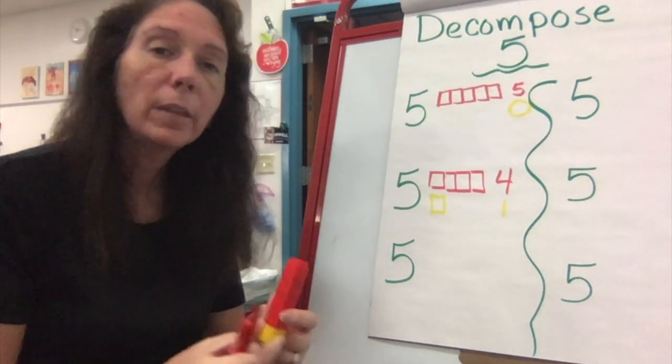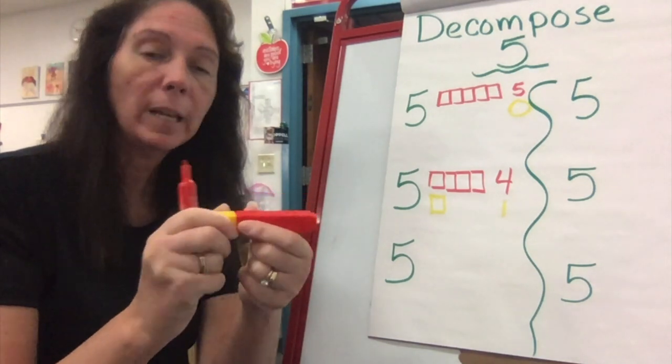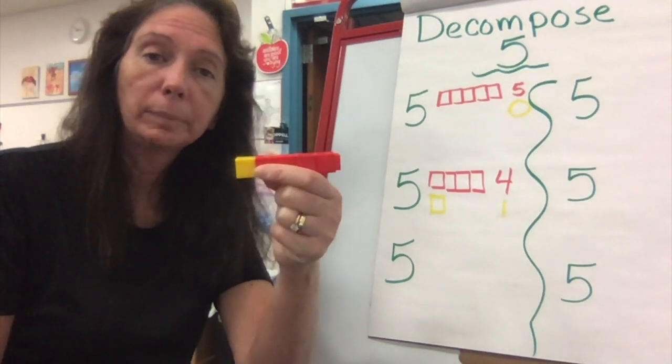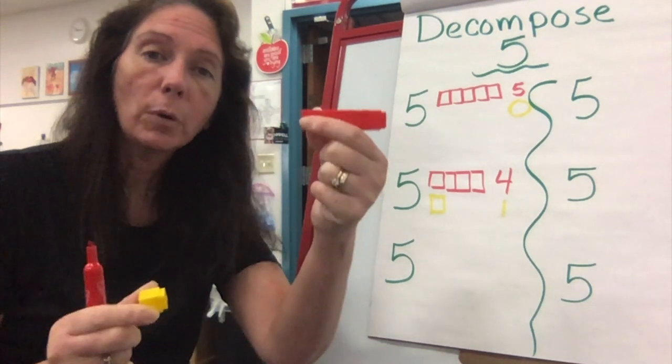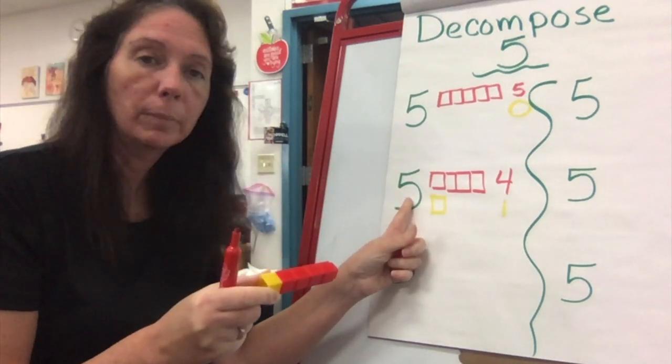So the number 5 can be composed by taking 4 and 1 to make 5. 4 and 1 make the number 5.